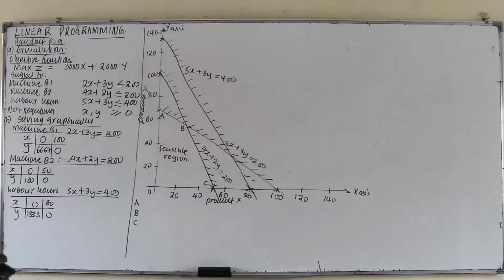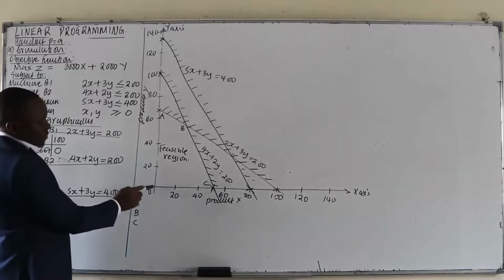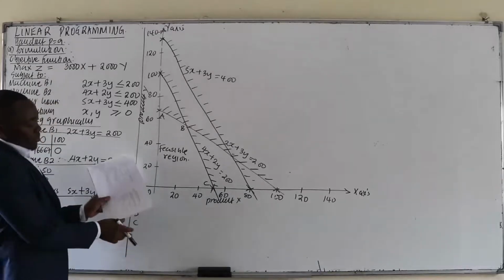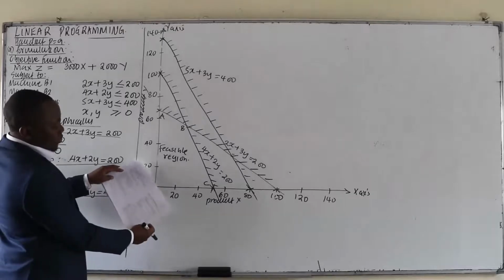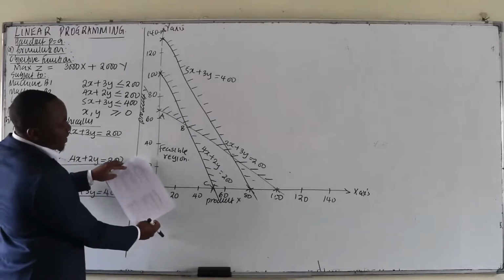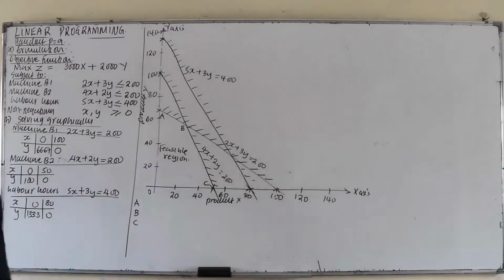Yeah. So now let's look from here. If you're moving from the origin, at 90 or 180 degrees, the farthest corner will be the last corner to be touched.